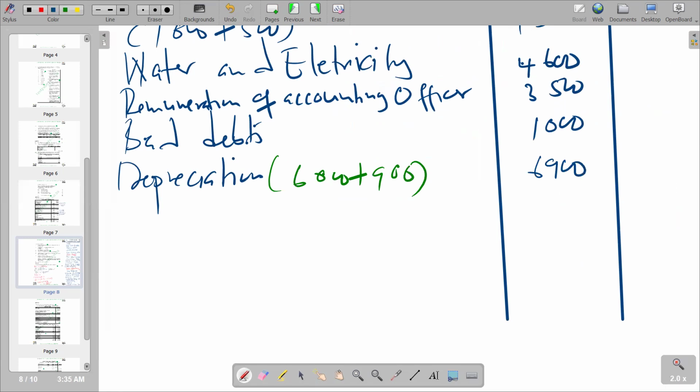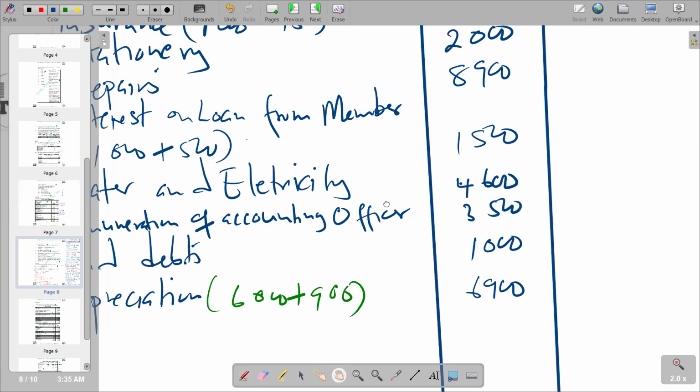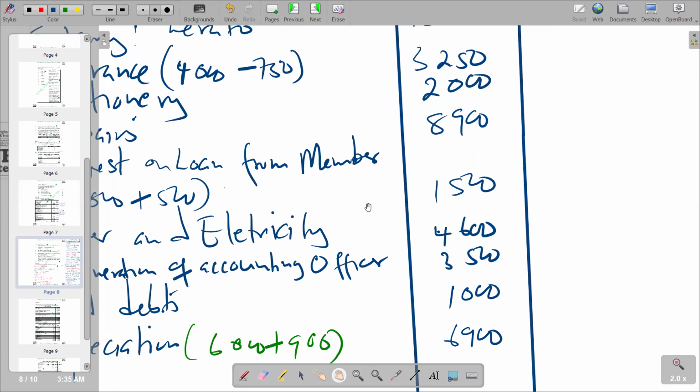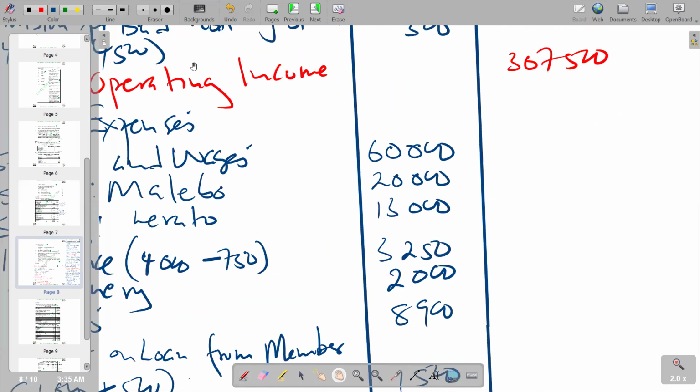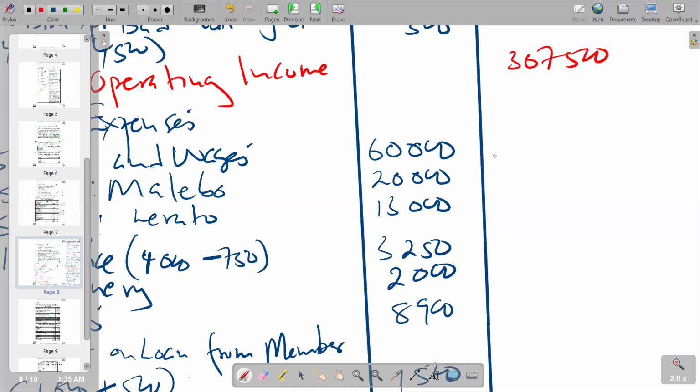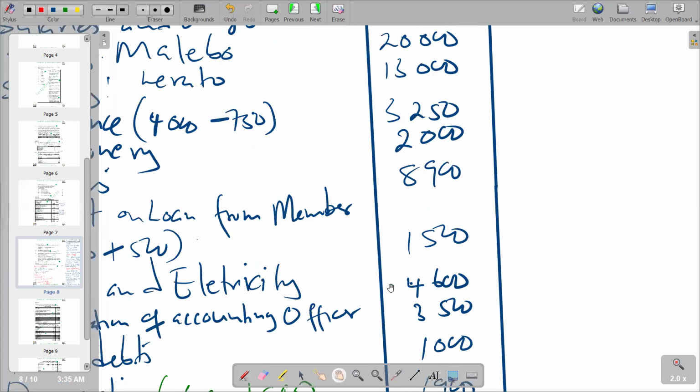So this is the last part of our expenses. We can add from 6,900 going up to 60,000 there to get the total of expenses, which is supposed to come to 124,650, which we subtract. So we subtract expenses from gross operating income, and you get the figure for net income or net loss. The figure that we get is a positive figure, so it's net income.